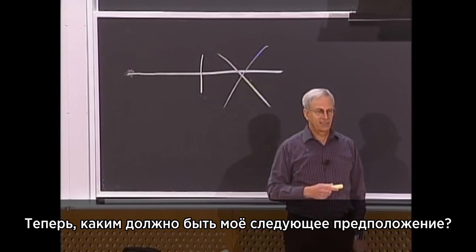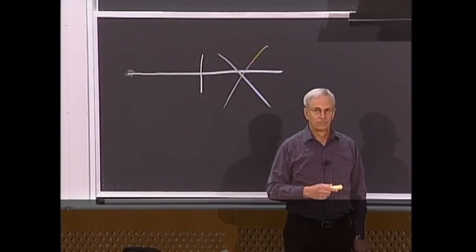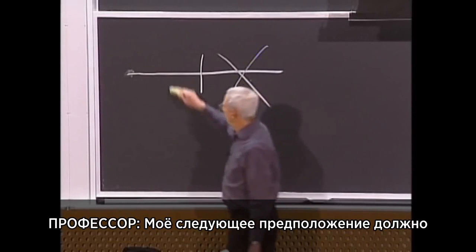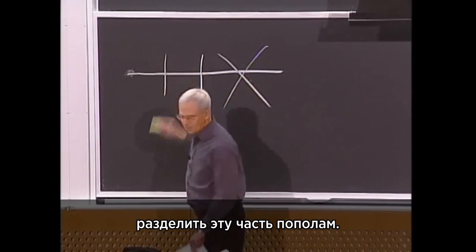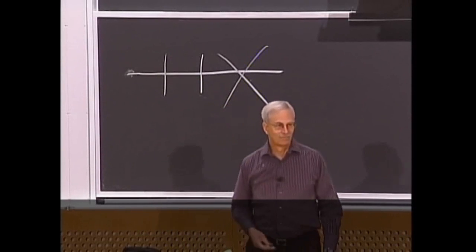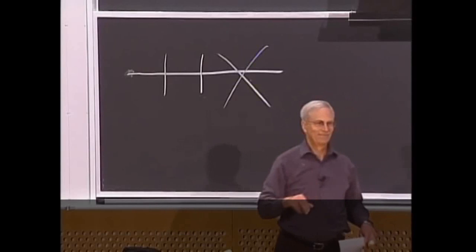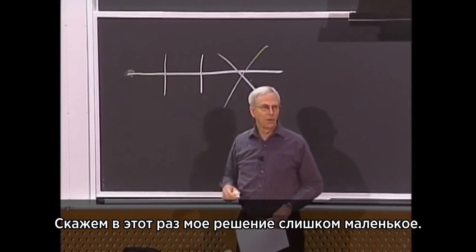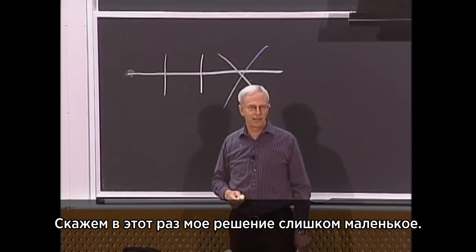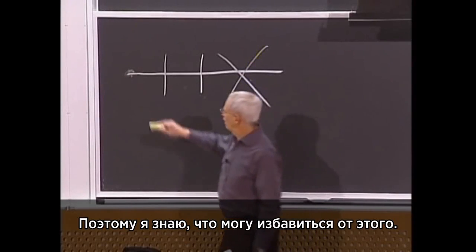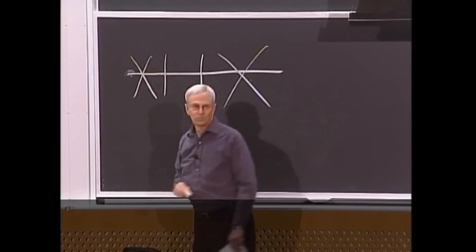Now, what should my next guess be? My next guess should be halfway through there. Exactly. And now you'll note, let's say this time my answer is too small, then I know I can get rid of this.